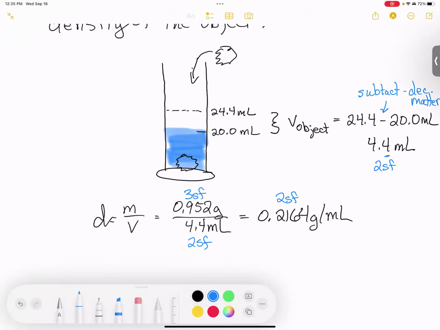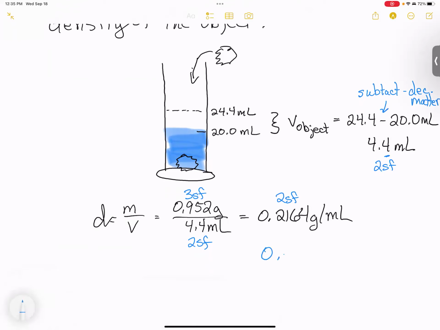And therefore, you would record your answer as 0.22 grams per milliliter. Questions?